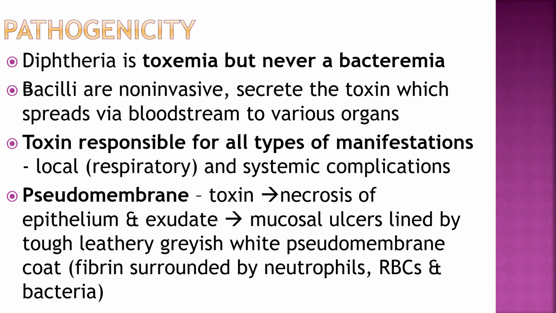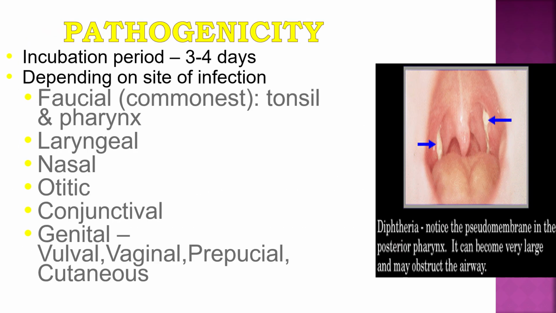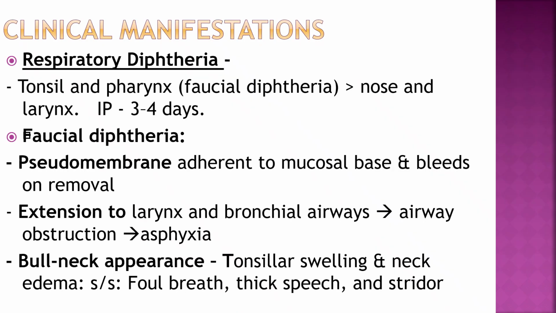The incubation period of this disease is 3 to 4 days, and there are different sites, like faucial, the commonest site, consisting of tonsil and pharynx, then laryngeal, nasal, otitic, conjunctival, genital like vulval, vaginal, preputial, and cutaneous. So these are the sites of the disease.